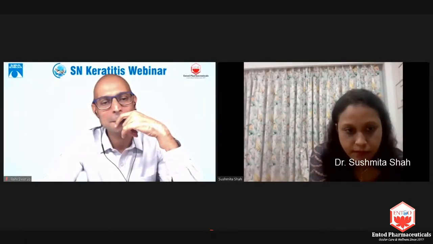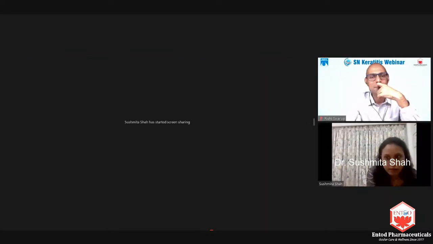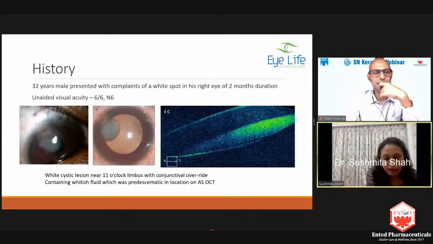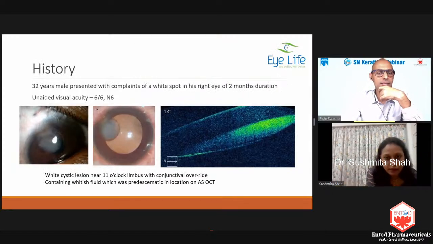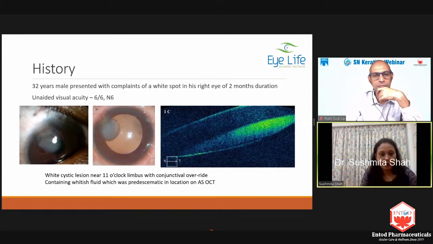Now click on share screen, then the first option is screen, and then share. Is it coming now? Yes, it's visible. Sorry about all this. Not a problem. Go ahead.